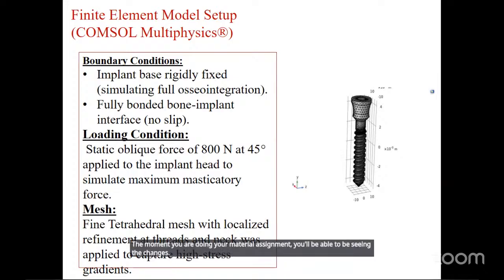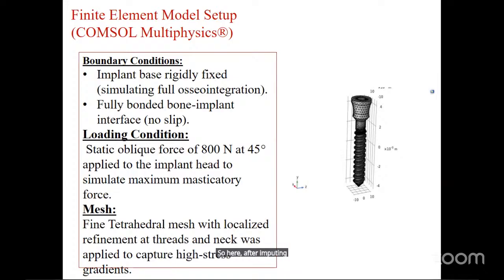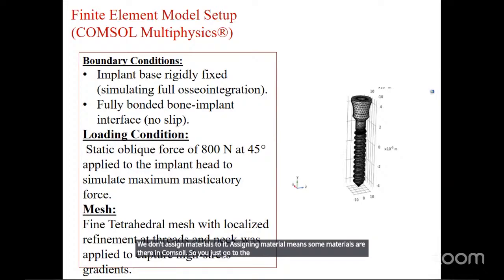So here, after importing the design, we now assign materials to it. Assigning material means some materials are already in COMSOL, so you just go to the library and add them. Like in the case of titanium, we already have a titanium material in COMSOL, so we only added the material there.